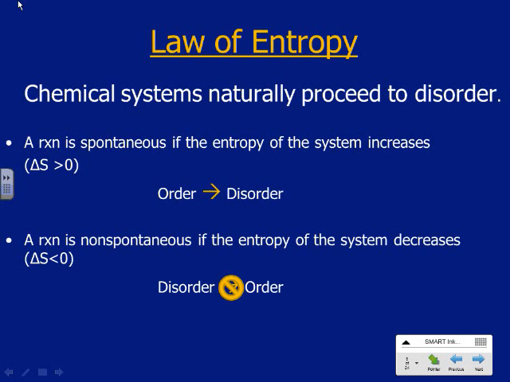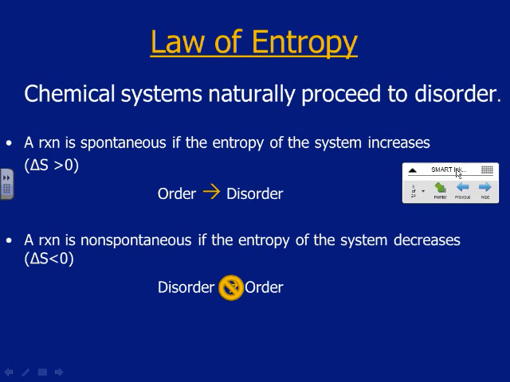And I had a statement for the enthalpy slide that you wrote that said chemical systems proceed to a state of minimum enthalpy, or they decrease the enthalpy. And so I'll add that same kind of statement to the bottom here for entropy.